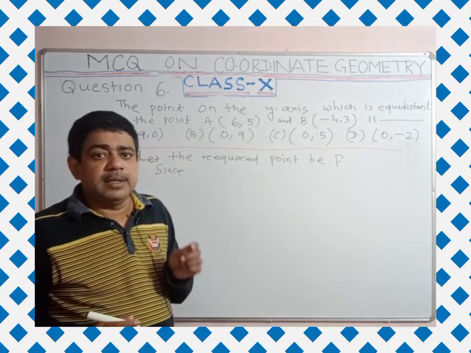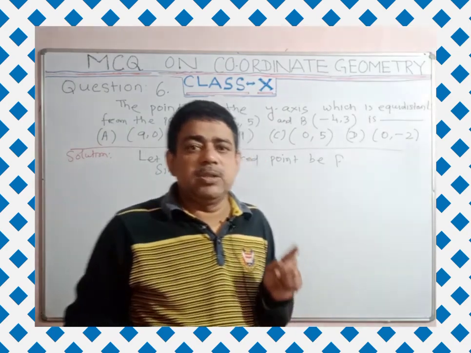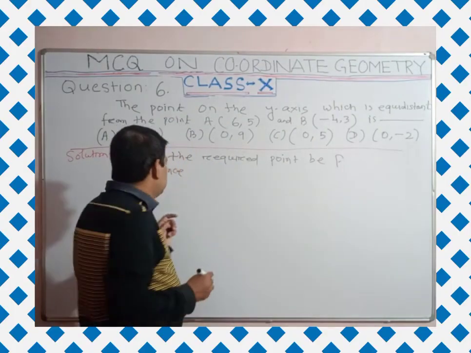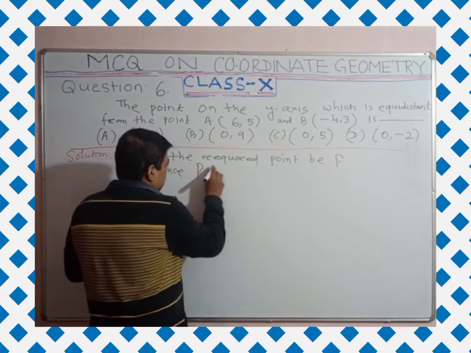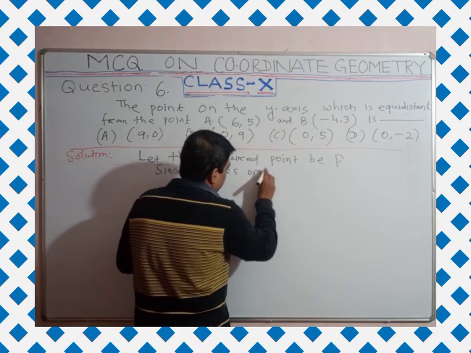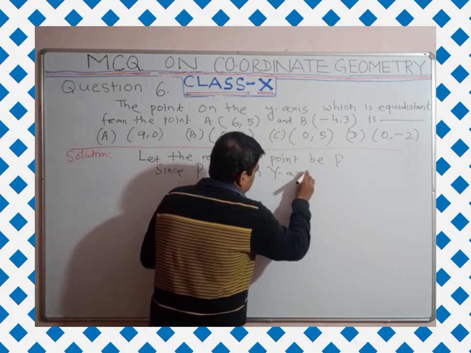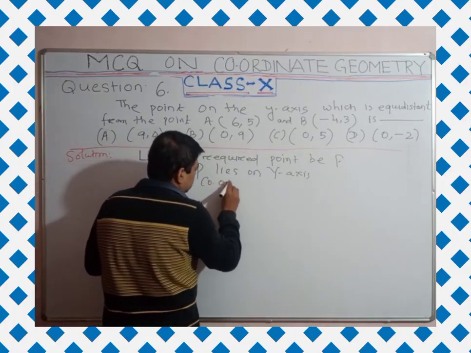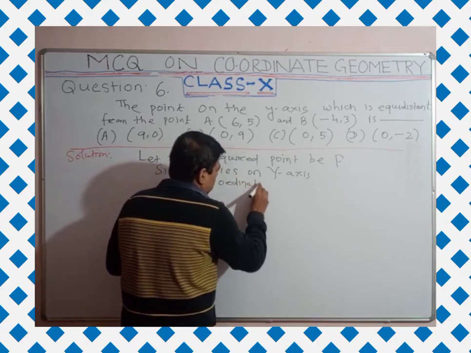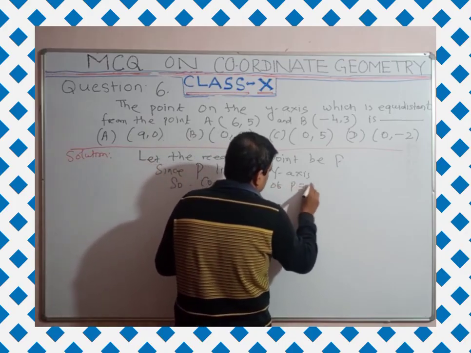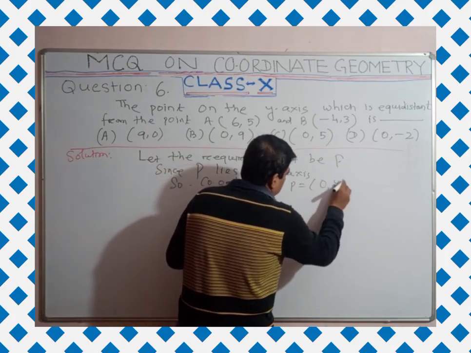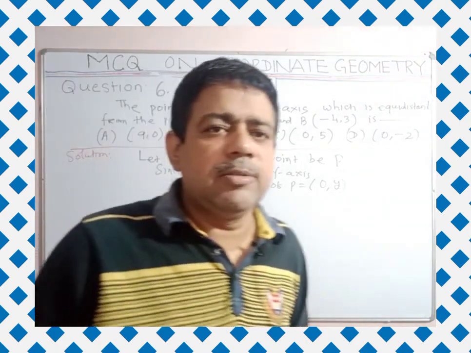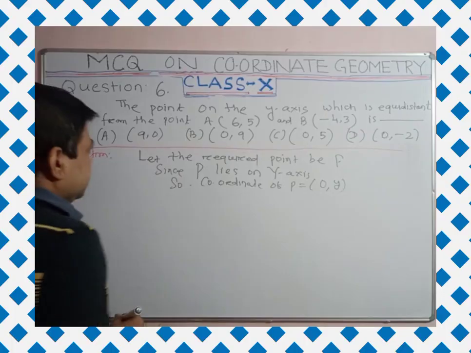Any point on the y-axis has x coordinate 0, and the y coordinate can be any real number. All of you know. Since the point P lies on the y-axis, the coordinate of the point P has x value always 0, y value any real number. Here the x value is already 0, and we have to find the value of y, then we can find the required point. Understand?